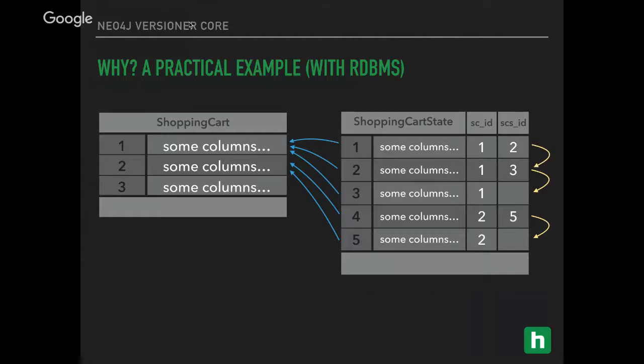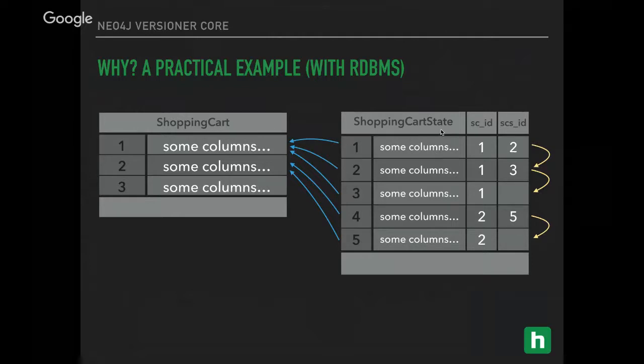So our model changed into something more complex, or maybe easier to understand. We have many states for one single shopping cart, for example the first 3 rows in the shopping cart state. And then we thought, okay, we will have a huge table, which is the shopping cart state one.